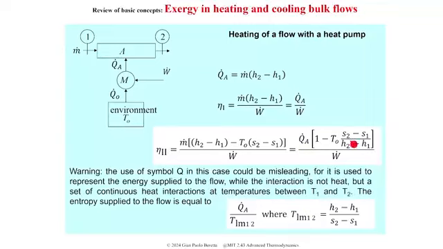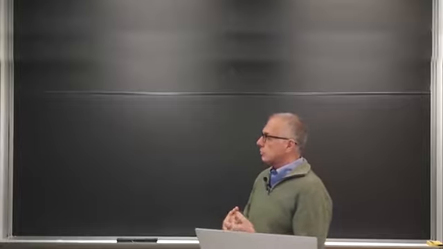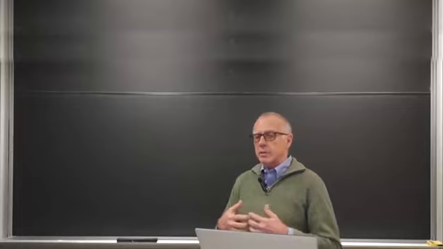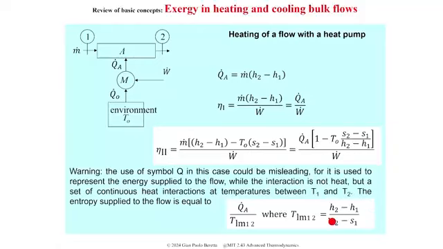Now it turns out that this temperature is the equivalent temperature of a heat source that would provide the same amount of energy, the change in enthalpy, and the same amount of entropy to the flow. And the ratio of that energy over entropy provided to the flow has dimensions of temperature, and we'll see in a moment that it corresponds in several cases to the logarithmic mean temperature between the inlet and outlet.